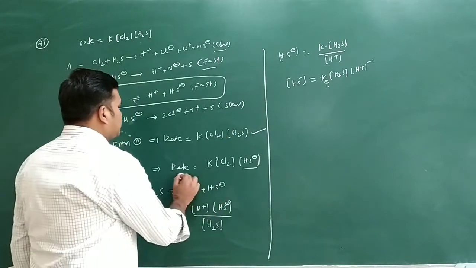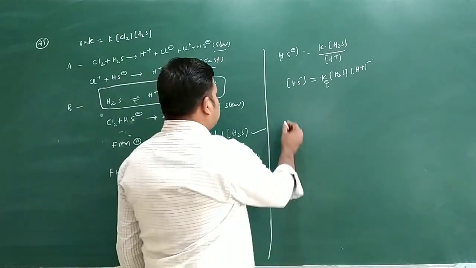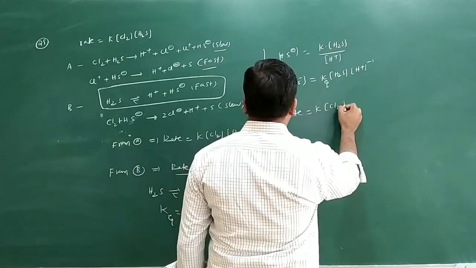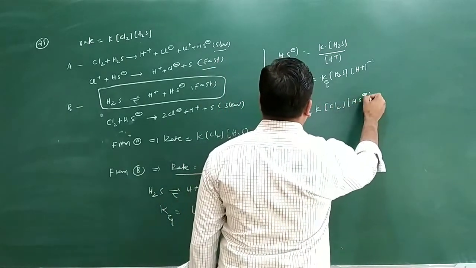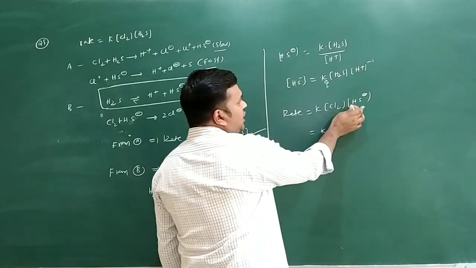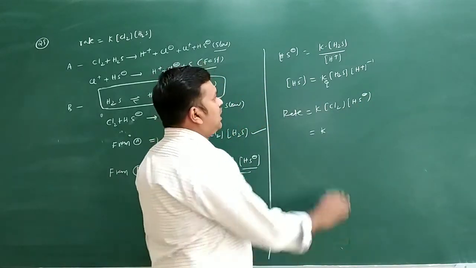We will substitute the values in this equation. Now rate is equal to K into concentration of Cl2 into concentration of HS-. In place of HS-, I write this expression.